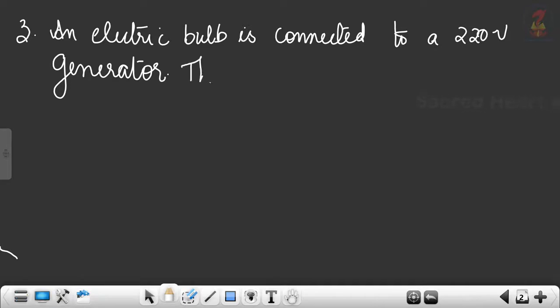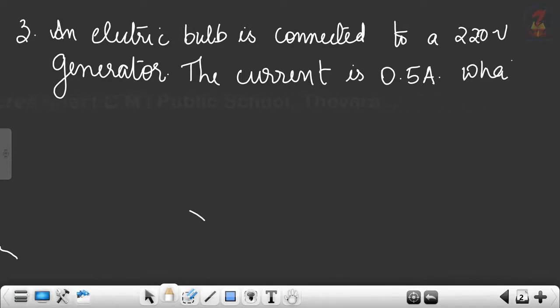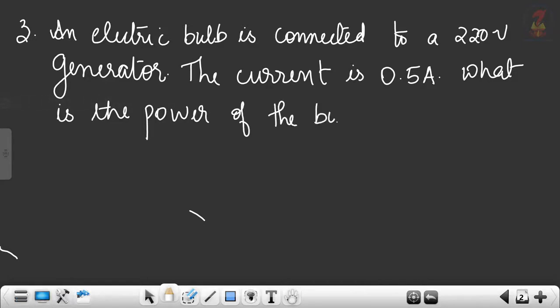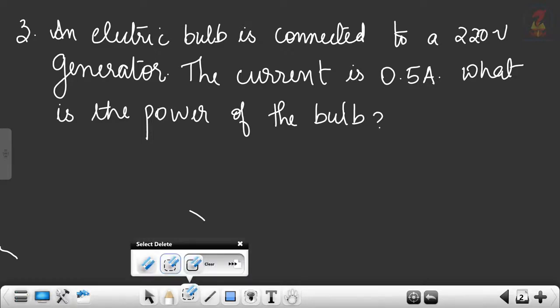The current is 0.5 ampere. What is the power of the bulb? So we need to calculate the power of the bulb.